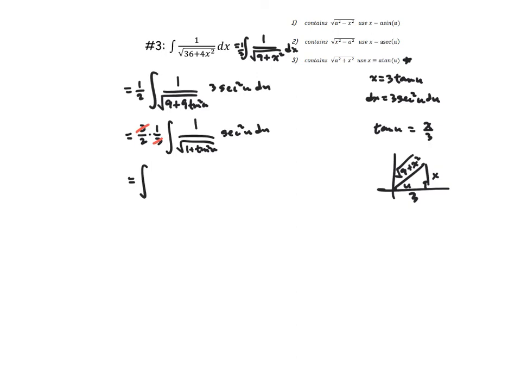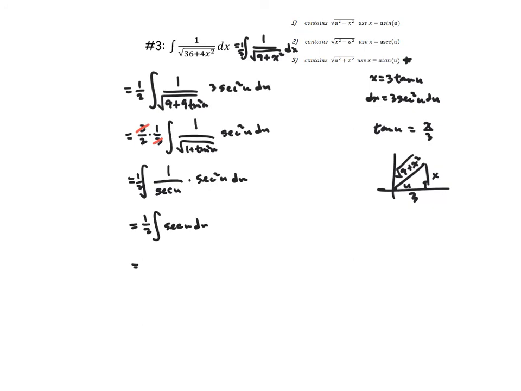All right, so I'm going to get 1 over the square root of secant squared, which is secant of u, times secant squared u du. All right, and that'll be, oops, forgot the 1/2. Don't forget that. That'll be 1/2 the integral of secant of u du.